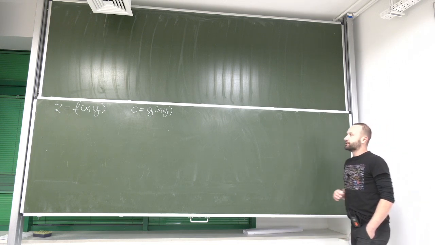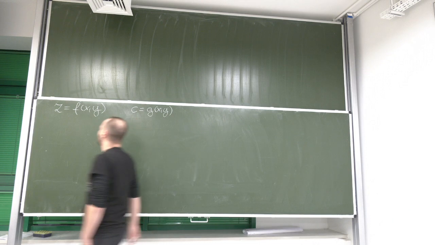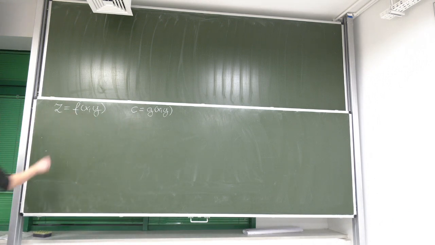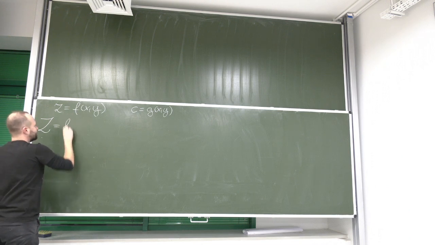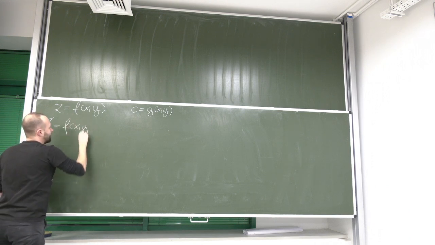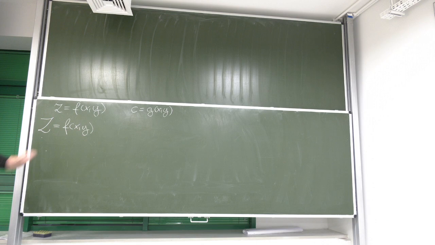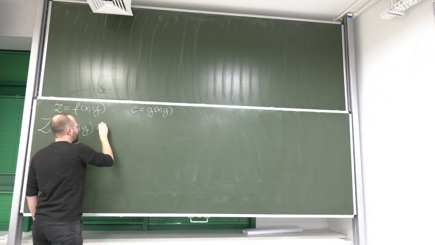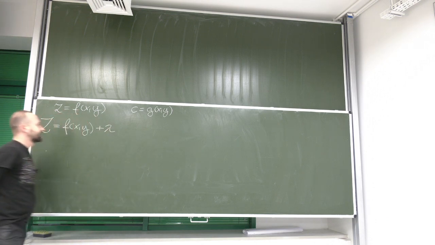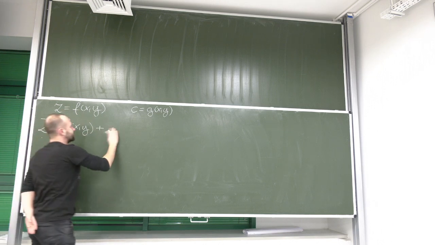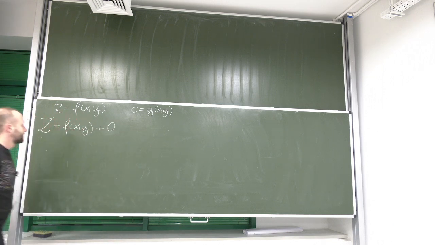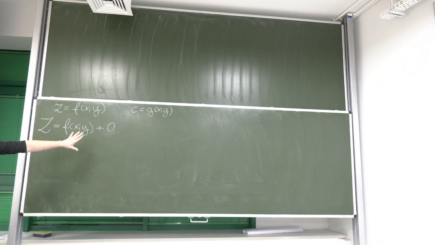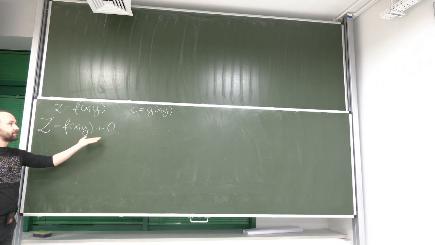So, what we were doing before is we were creating Lagrange function. So, we made capital Z, and this capital Z was f of xy. Now, we were adding to this zero, right? And we said that this zero can have various different forms, right?